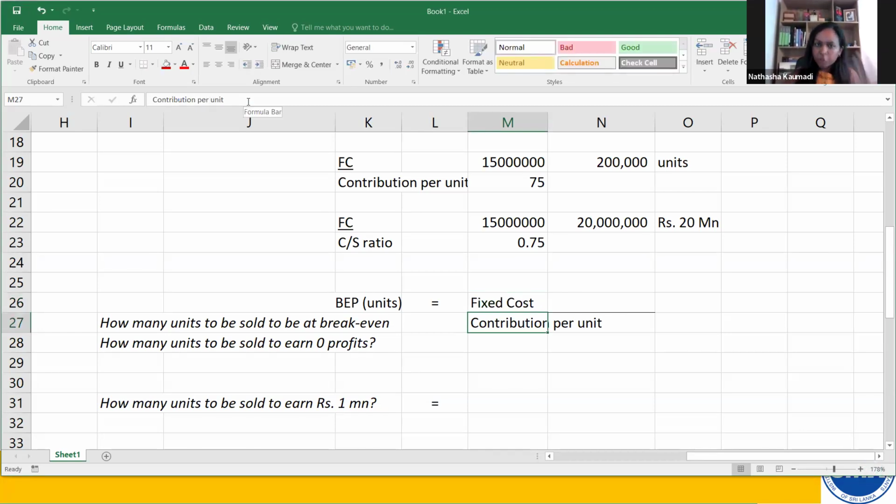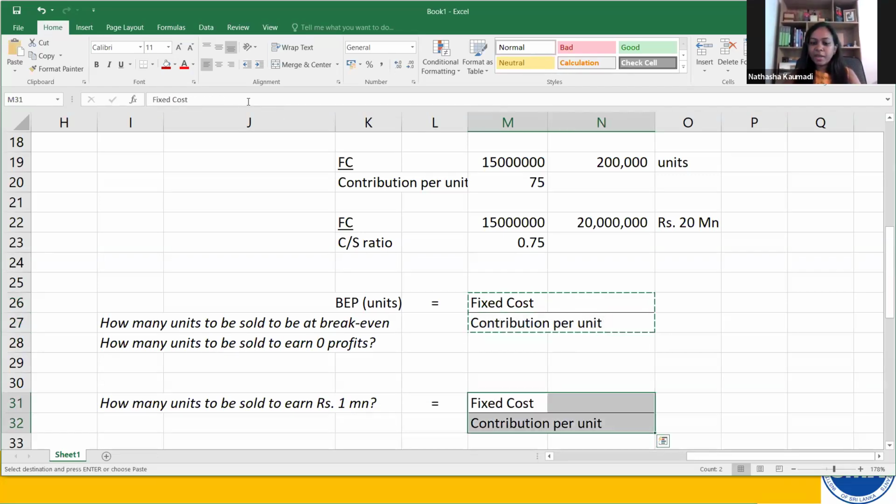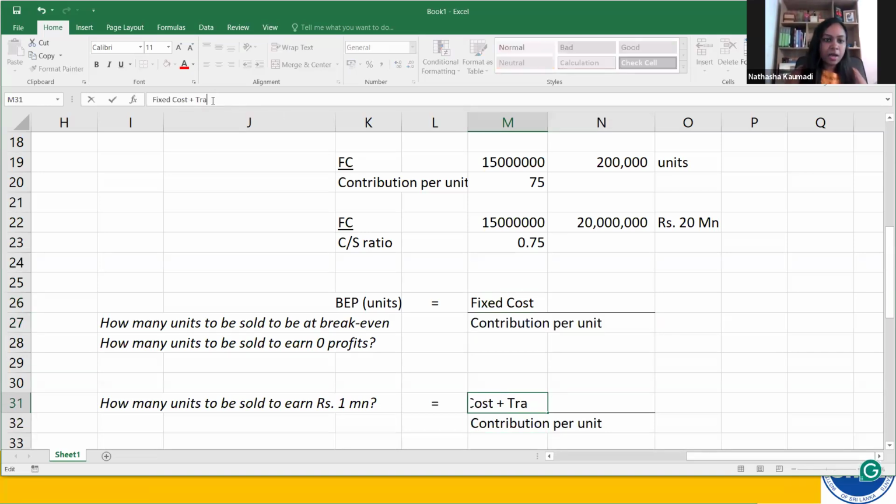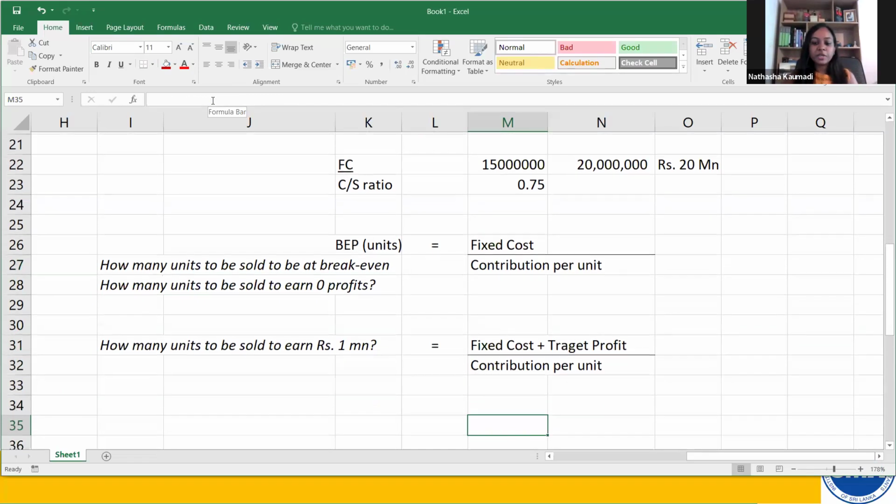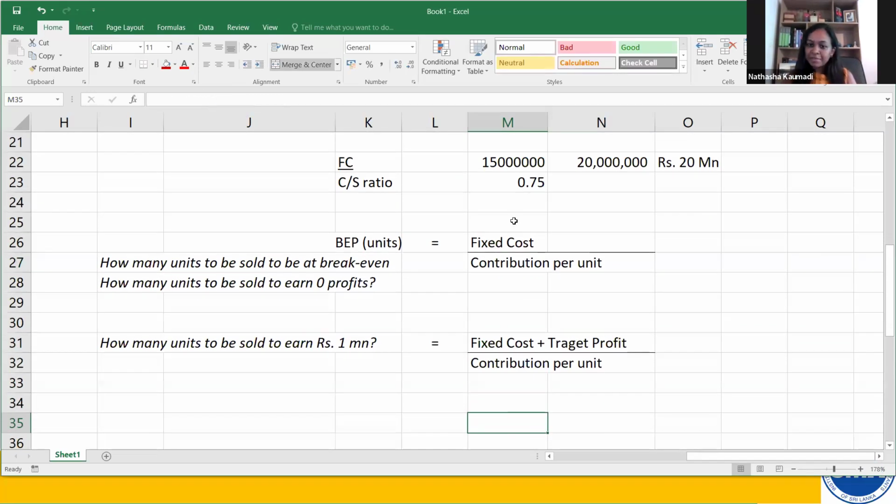Now, if you want to have a profit, you can include that. So we can write fixed cost plus the target profit divided by contribution per unit. Are you clear? Previously also this target profit was here, but we didn't write it because we were talking about break-even.